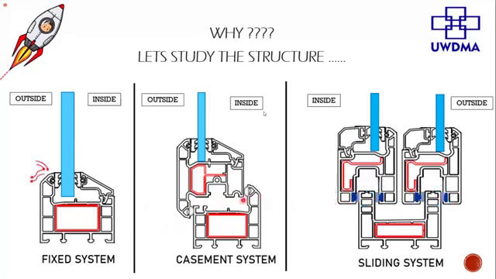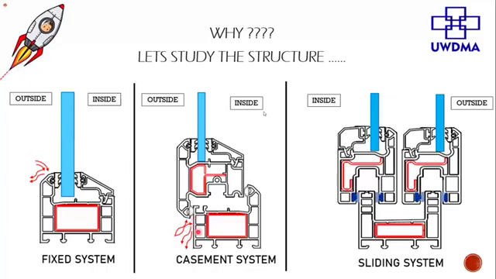So what happens in the case of the fixed system? Nothing, the air and sound cannot enter through any gap, because there is no gap and it's been filled by the gasket. And in the case of the casement system, this is the role played by these two gaskets between the fixed frame and your sash: they stop the entry of sound, dust, or air from these points.